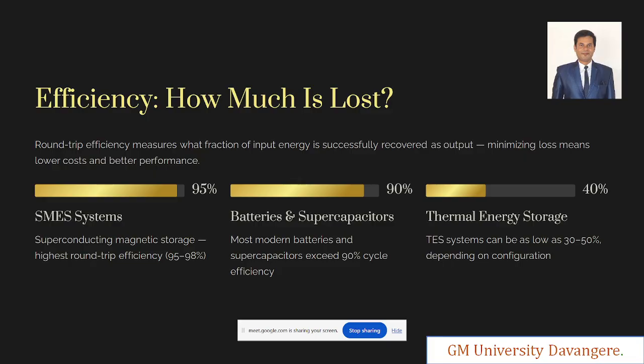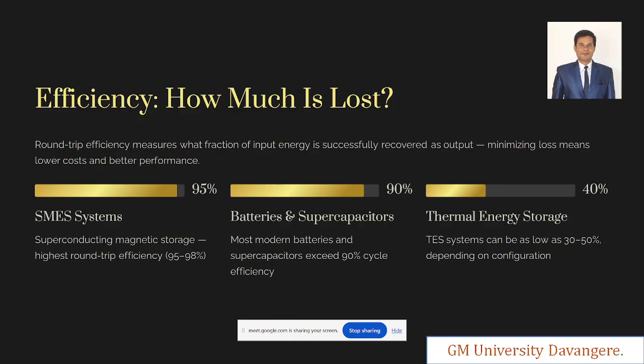Next we'll talk about the efficiency, right. Efficiency, if we talk in general, is nothing but how much loss is being considered, right. For example, usually we talk about the efficiency considering two things, one is the input and the other is the output, right. So output by input, when you multiply with 100, will give your efficiency, right.